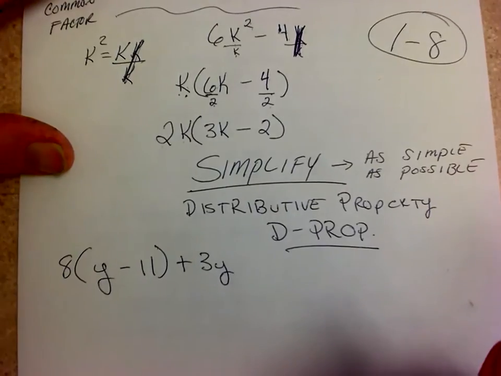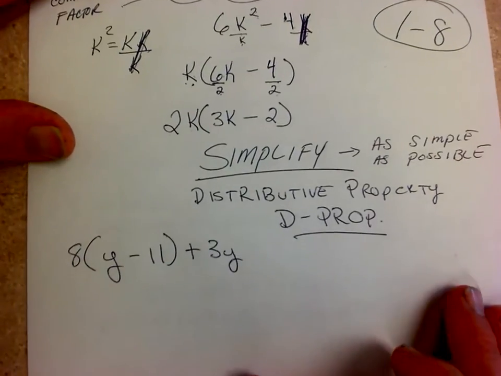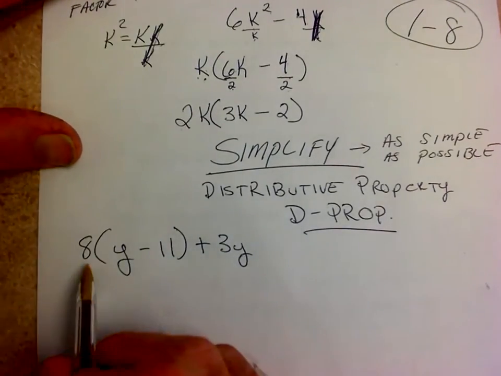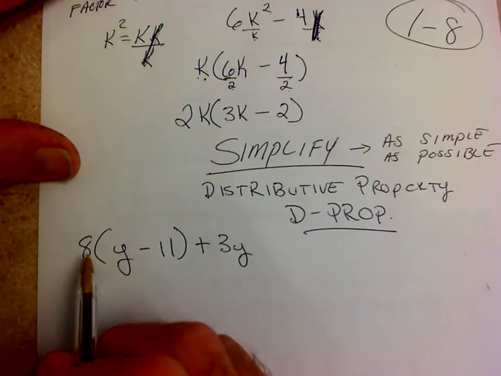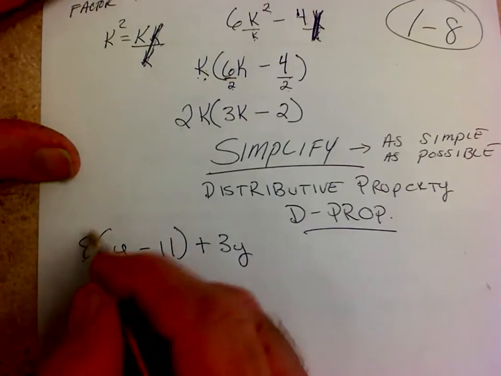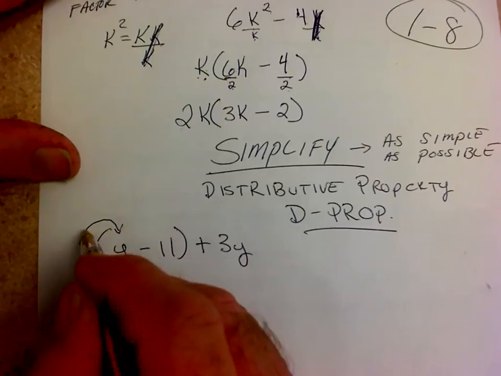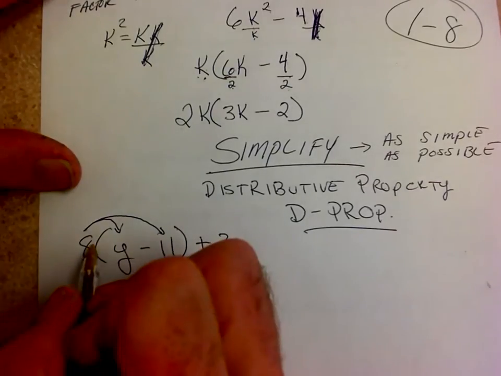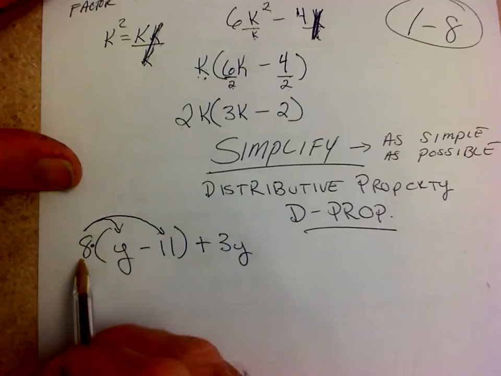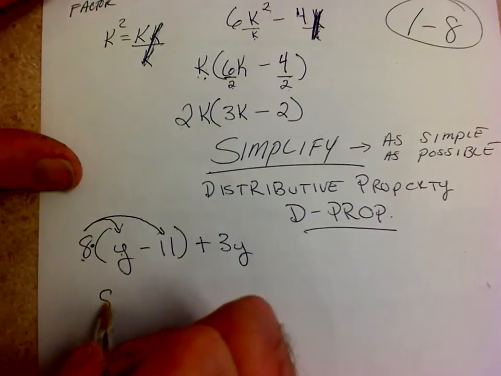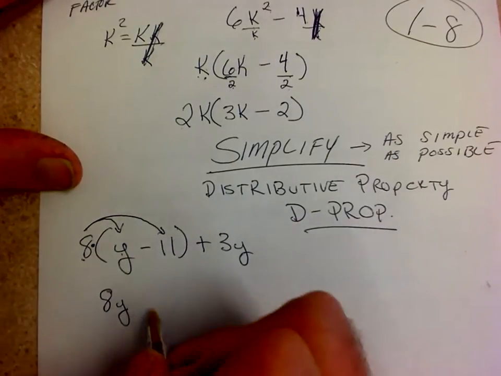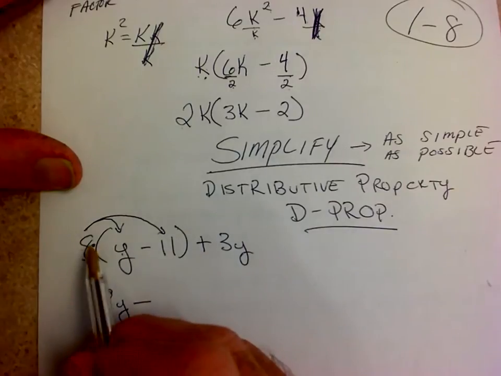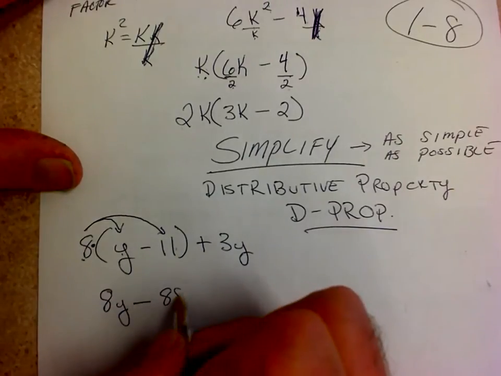All right, so what the distributive property allows us to do, okay, is take a number on the outside and distribute through the parentheses. Okay, now if we're going to distribute, that means we have to give the 8 to all terms inside the parentheses. So when we say give it to, this means multiply right here. So 8 times y, we're going to represent that with an 8y, minus 8 times 11, 88.